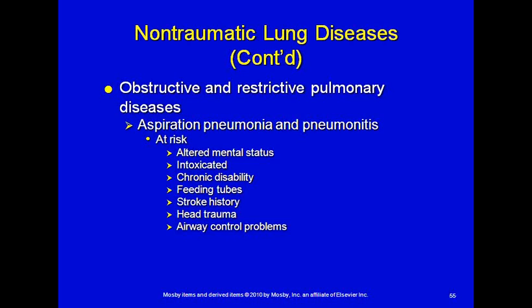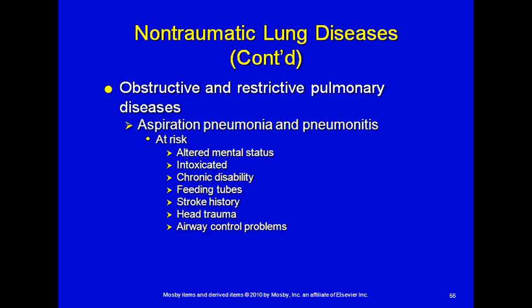anybody with a chronic disability or some sort of chronic medical condition, people who have feedings with G-tubes, and those with a history of stroke who are not swallowing properly.